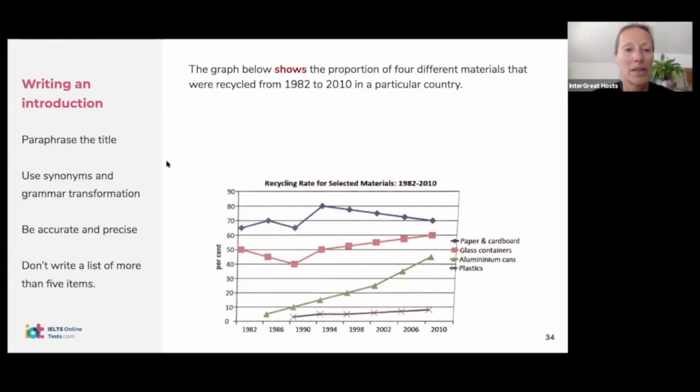Right, so just the words that I'm going to use to paraphrase now. Okay, so these words here. Right, so first of all, I think most of you said this. The graph below shows, illustrates, that's right. So this is always a synonym for shows.